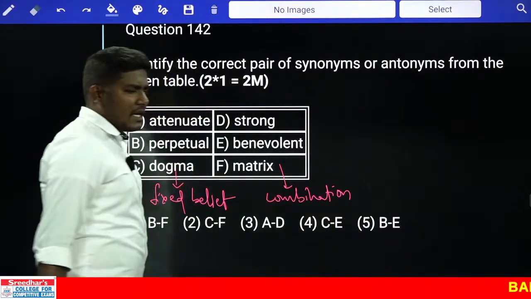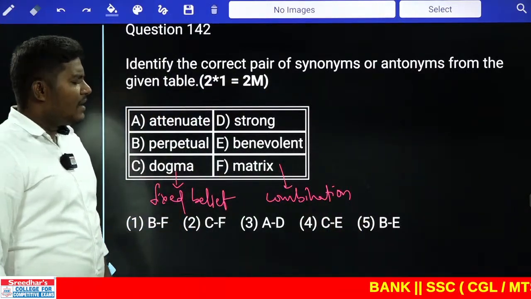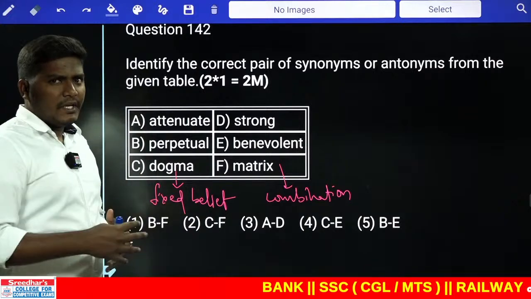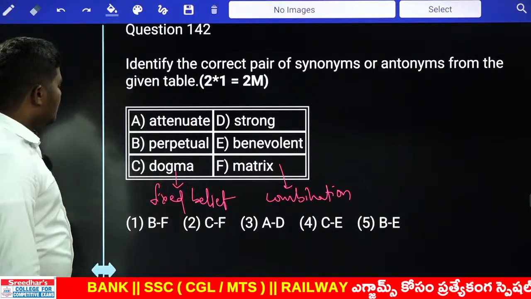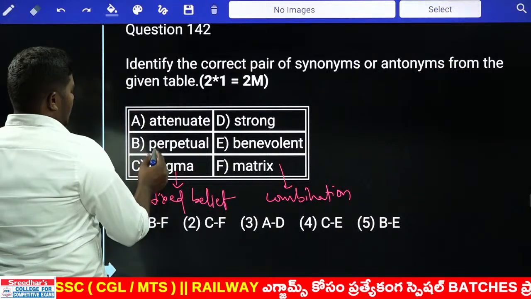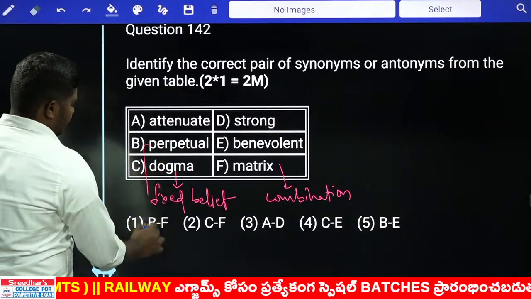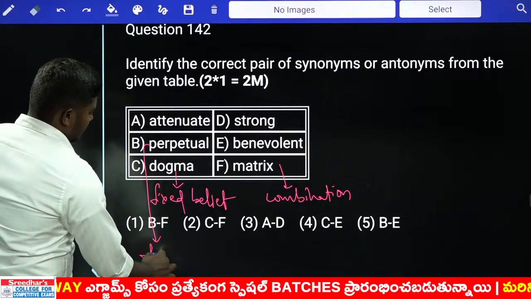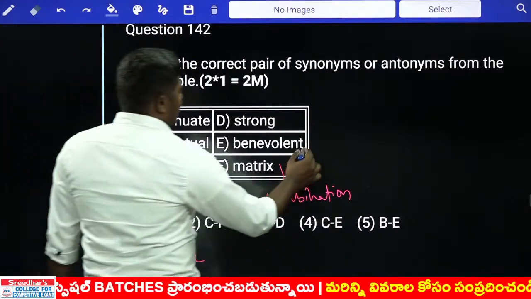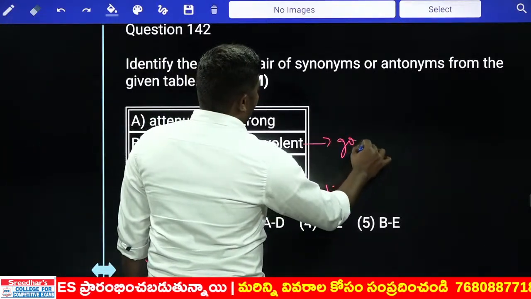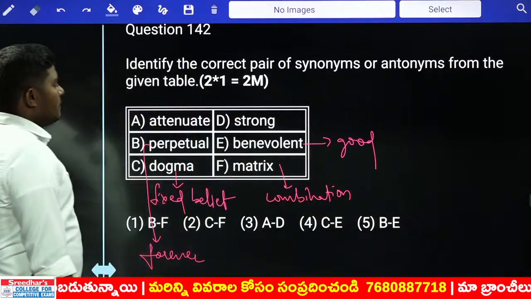In mathematics it has a meaning, in psychology it has a meaning. Matrix is the combination of different things, different numbers basically, so they both are nowhere related. Next one, perpetual, something that is forever. Benevolent is being extremely good and helpful, something that is positive.